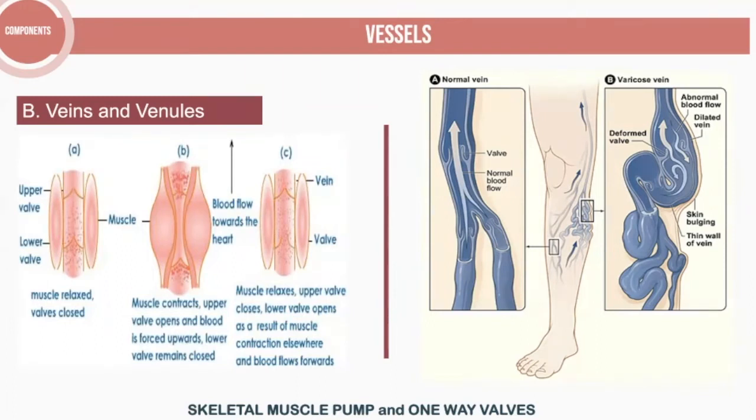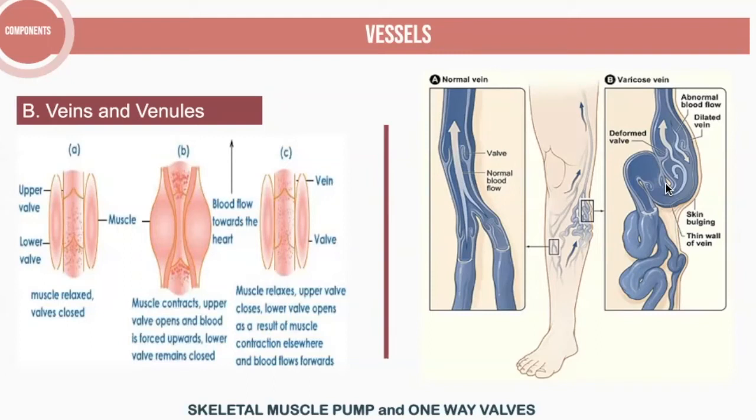Are you familiar with varicose veins? That has actually something to do with vein valves and lesser pressure. If skeletal muscles don't aid in the pumping of blood back to the heart, the pressure causes deformations on the vein, causing skin bulges called varicose veins.